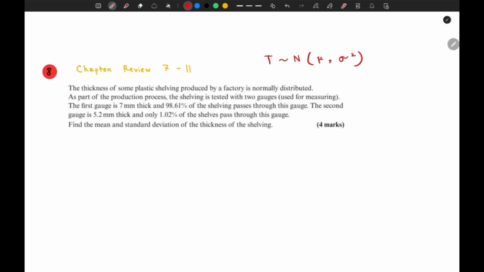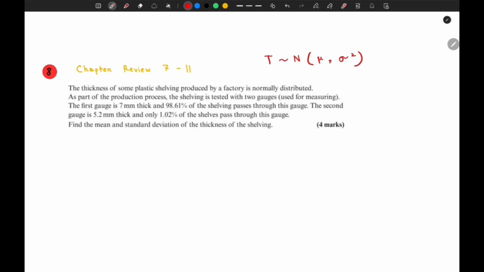As part of the production process, the shelving is tested with two gauges used for measuring. The first gauge is 7 millimeters thick, and 98.61% of the shelving passes through this gauge. So shelving which is less than 7 millimeters thick can pass through this gauge.